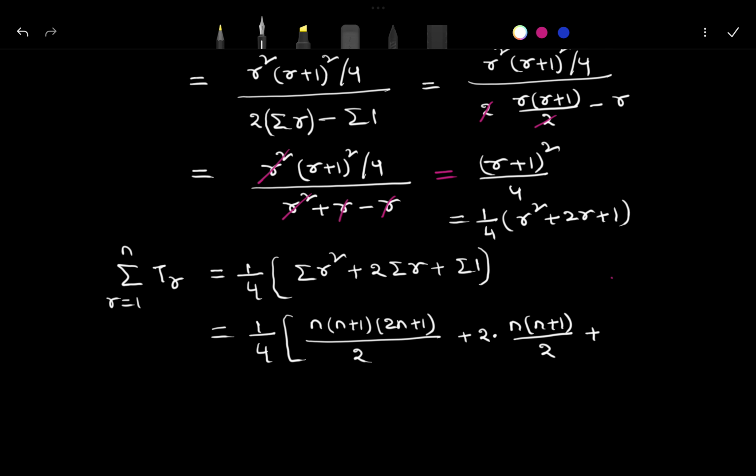So adding 1, n times, simply you can write n. Suppose sigma 2 is there, that is 2 into n. Sigma 3 is there, 3 into n.